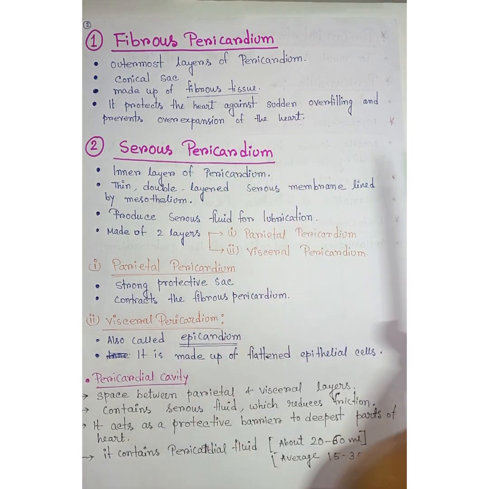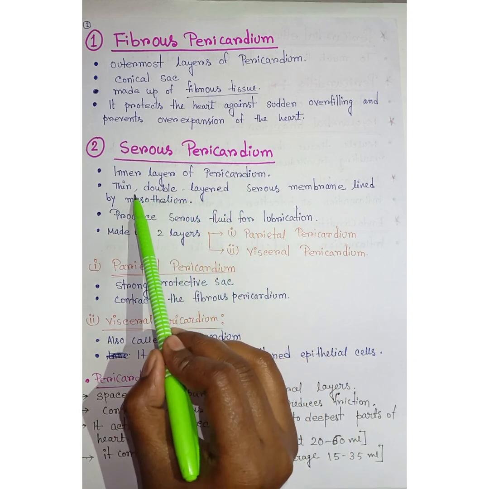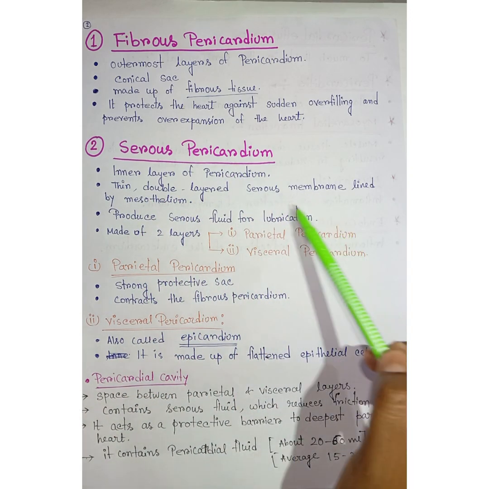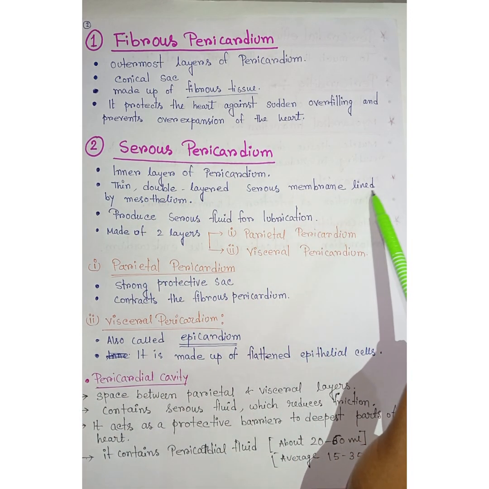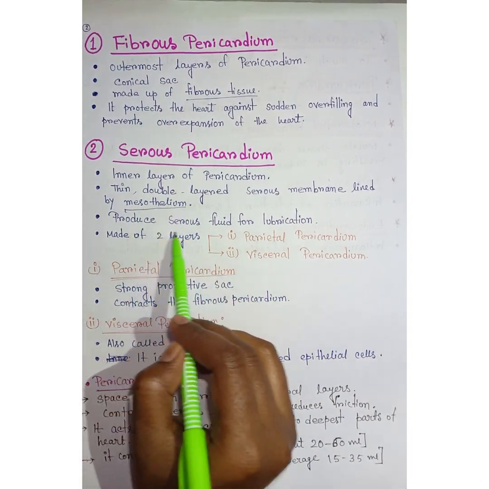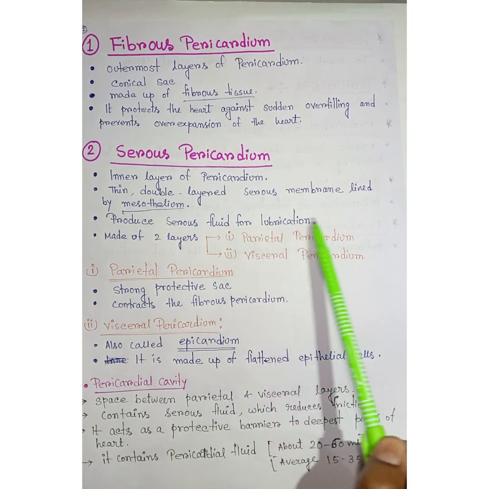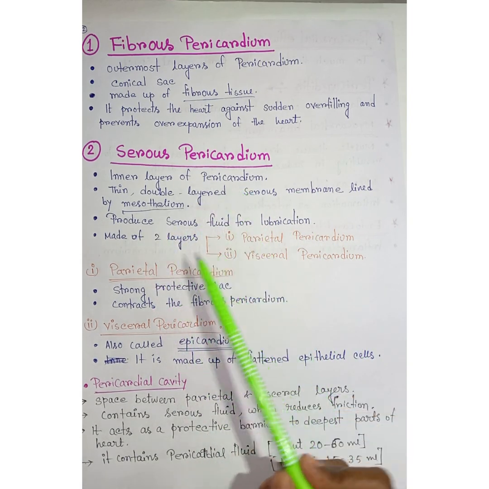Now the serous pericardium. It is the inner layer of the pericardium, a thin double-layered serous membrane lined by mesothelium. It produces serous fluid for lubrication and prevents friction of the heart.